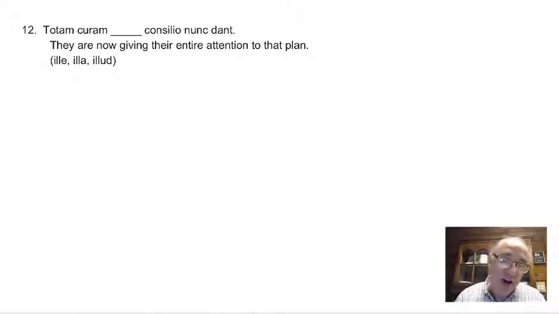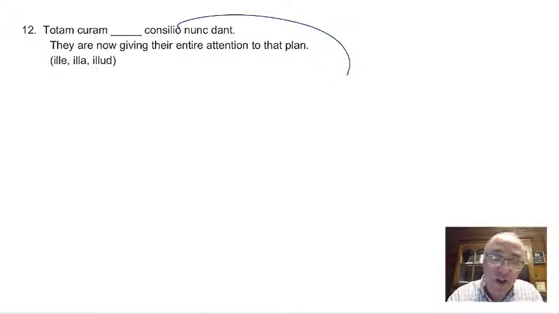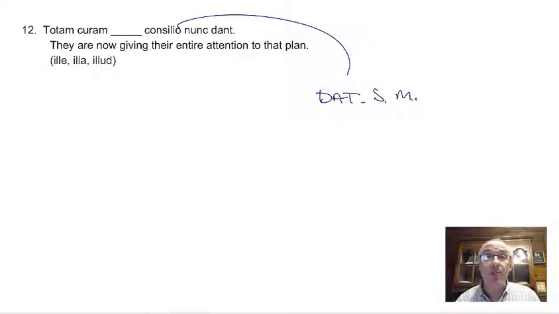They are giving their entire attention to that plan. So we need the adjective form of ille, illa, illud that modifies concilio. Concilio is dative, singular, masculine. No surprise because of the verb do, dare. It means to give. And with verbs of giving, showing, or telling, we can expect the dative case. And here we have to that plan.